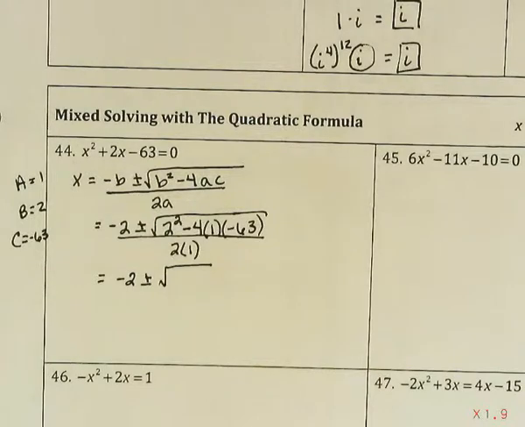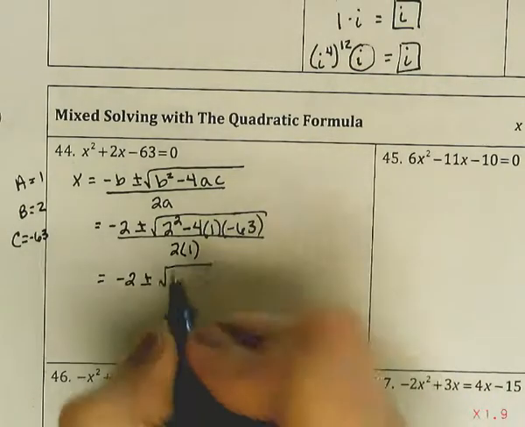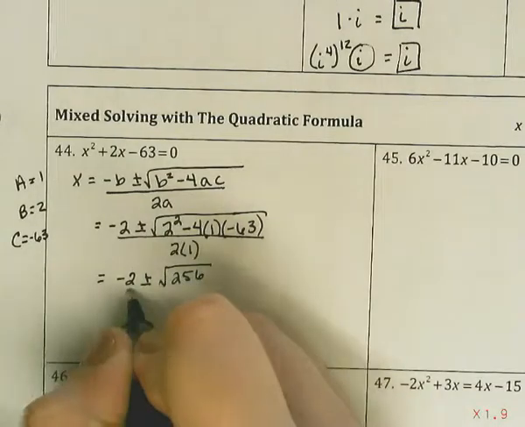We'll put that in our calculator, 2 squared minus 4 times 1 times negative 63. And we get 256 over 2.